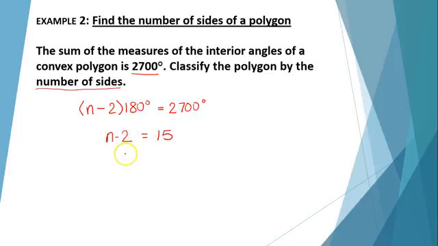Now to solve for n, add 2 to both sides, and we get 17. So since we do not have any names for anything higher than 12 for a polygon, we're just going to call this a 17-gon, and that would be the classification of our polygon.